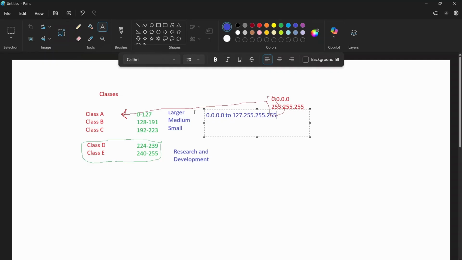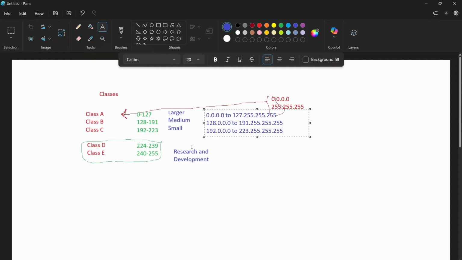That is the Class A range. Class B range is 128.0.0.0 to 191.255.255.255. And Class C range is 192.0.0.0 to 223.255.255.255.